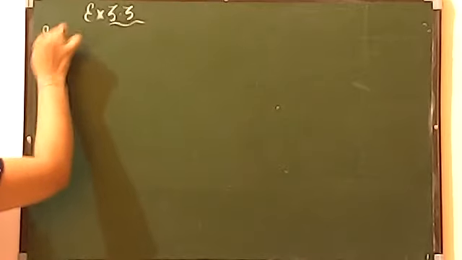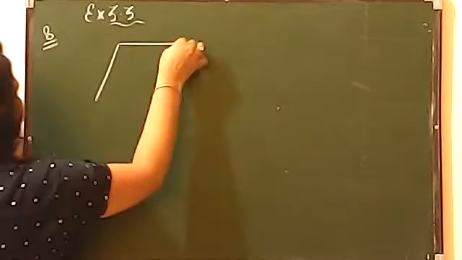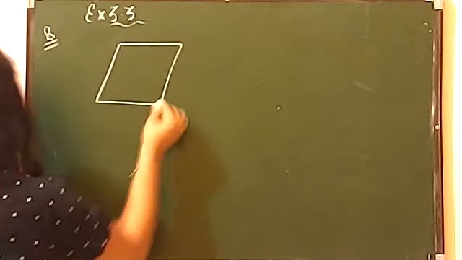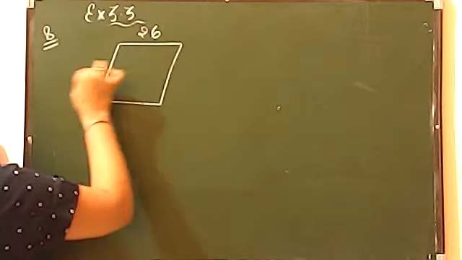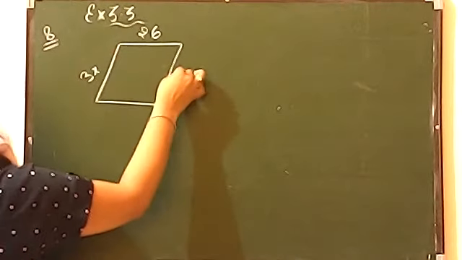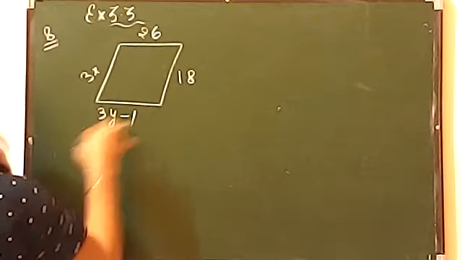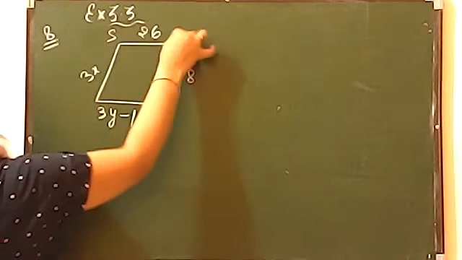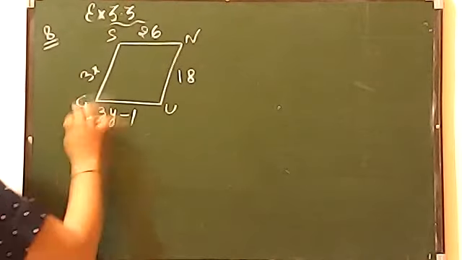Now students, let us discuss question number 8. First is the figure of a parallelogram. It is telling here this is 26, this is 3x, this is 18, and this is 3y minus 1. And the name is SNUG, here GUNS.